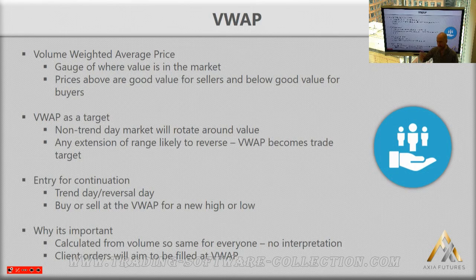If they don't get those orders done at the VWAP, they're going to have to go out to their clients and say, well, actually, you got VWAP plus 10% on the day, something like that. So depending on how the day is progressing, the VWAP ends up being used more as a target or more as a support or resistance for a trade.